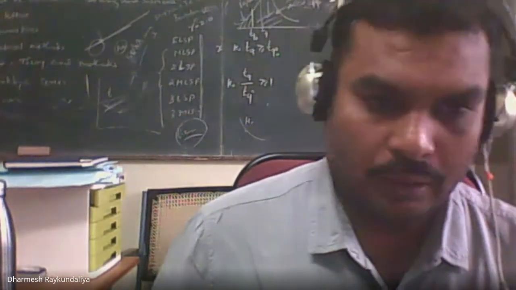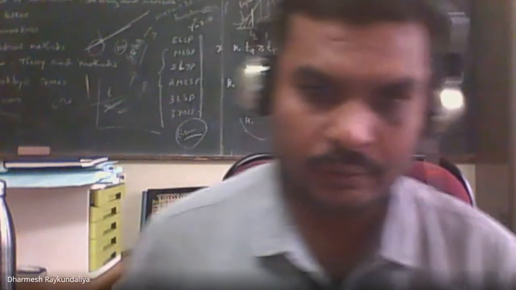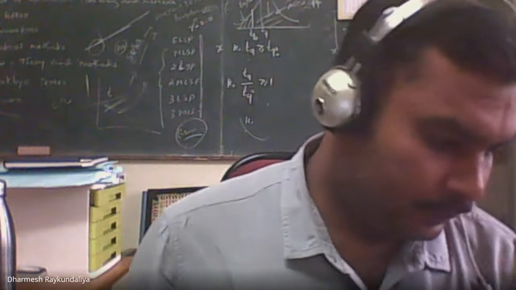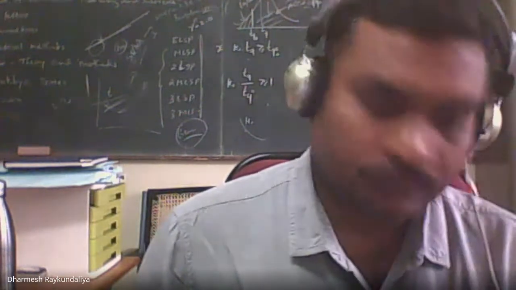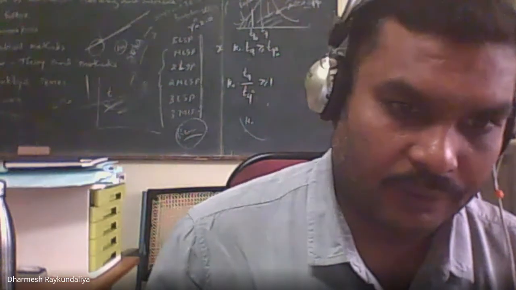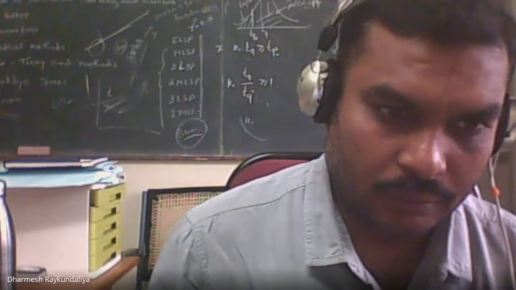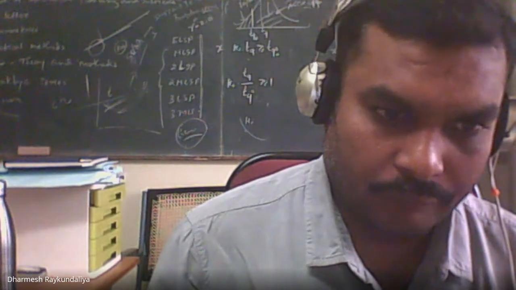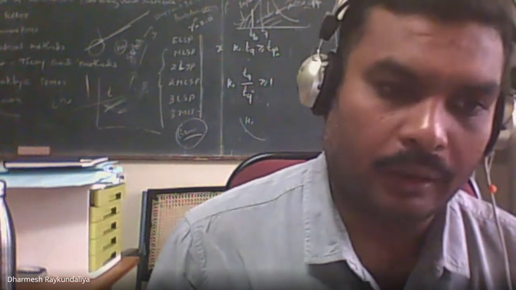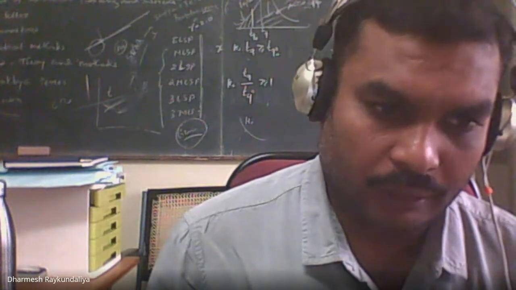So in the last lecture we discussed the multiple correlation coefficient, and we have seen that it is nothing but the correlation between a variable x1 and the linear combination of the vector x2.